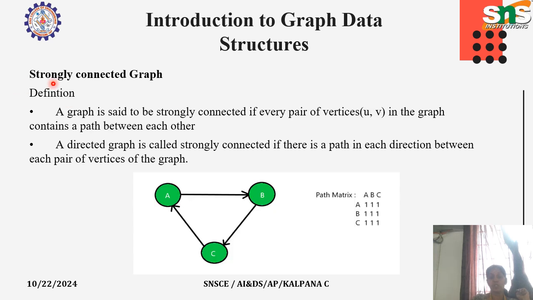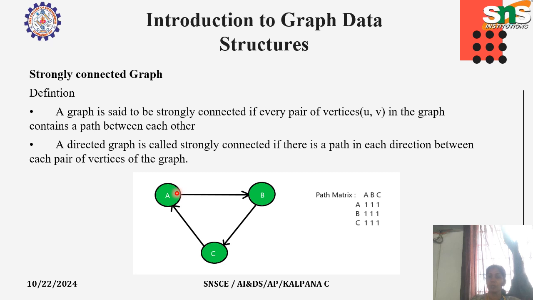So next is the strongly connected graph. When I say strongly connected graph, every pair of vertices, every pair of nodes, that is U comma V, in the graph contains a path between each other. Just consider this graph A, B and C. From A to B there is a path, B to C there is a path, C to A there is a path.